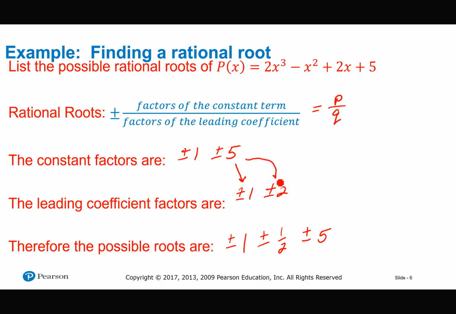And I also have to do 5 divided by 2, so plus minus 5/2. So that's my list of possible rational roots, possible zeros of this one. Okay, I know out of those 8 that I'm going to have zeros of this function.